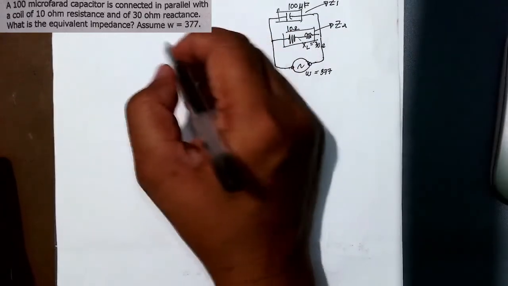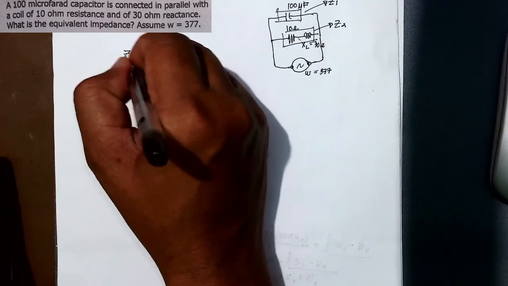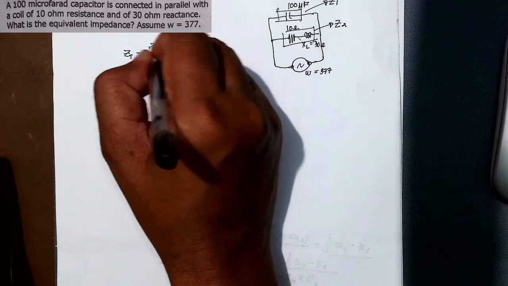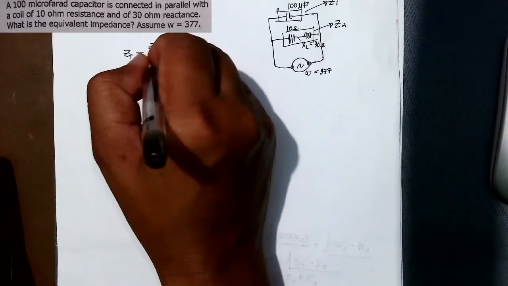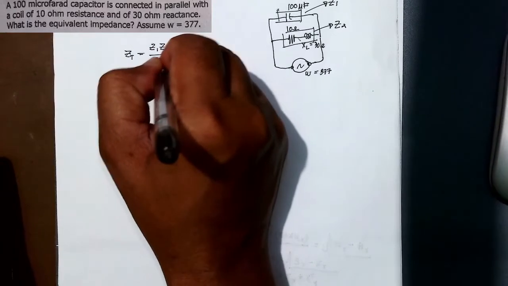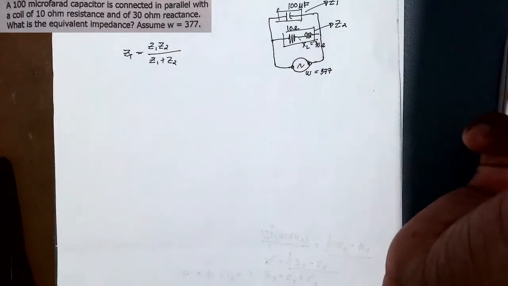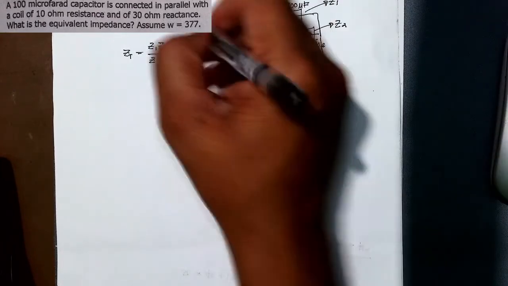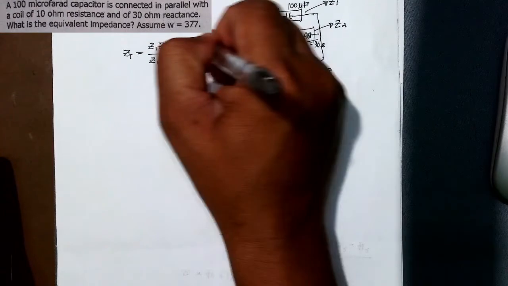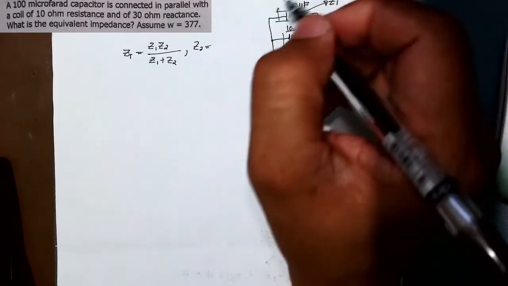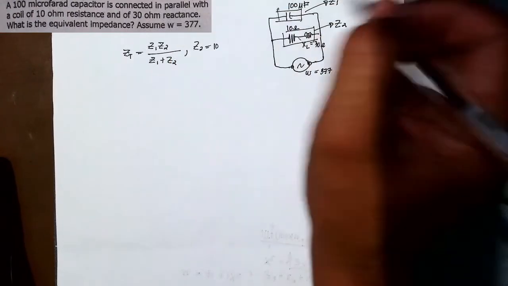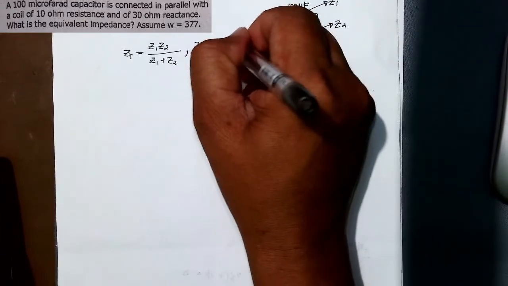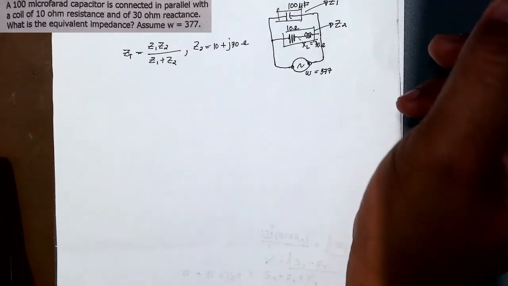So we know that Z sub t, since that is parallel, will be Z sub 1 multiplied by Z sub 2 divided by Z sub 1 plus Z sub 2. In our Z sub 2, we already have a value: 10 for the real part, and for the reactance part, J 30, in ohms.